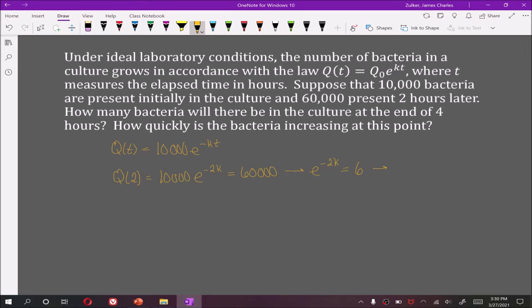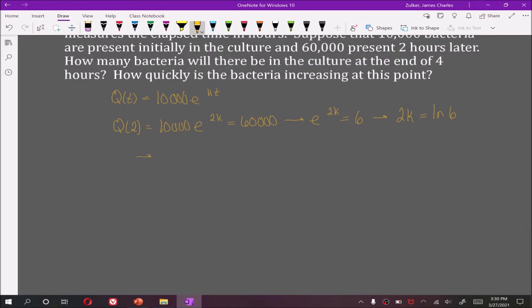Right? Why did I do negative? I'm sorry. It shouldn't have been negative kt. It should just be positive kt, right? This would mean that 2k is equal to the natural log of 6, right? Or that k itself is equal to the natural log of 6 over 2, which can also be represented as the natural log of the square root of 6.